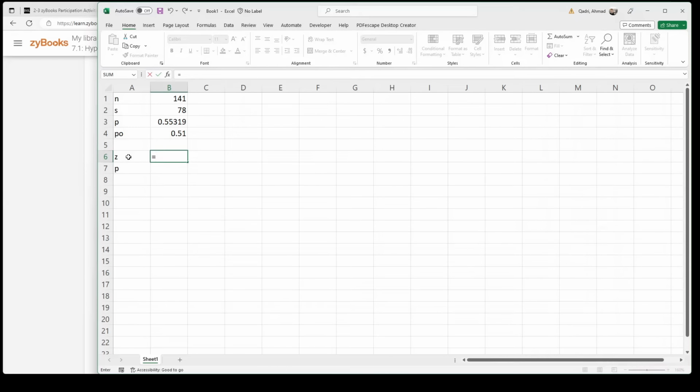First, I will type the numerator, which is p minus p0 here, in parentheses, and then divided by the square root of p0 times 1 minus p0, which I will also include in parentheses, and then over n, which is the sample size here.